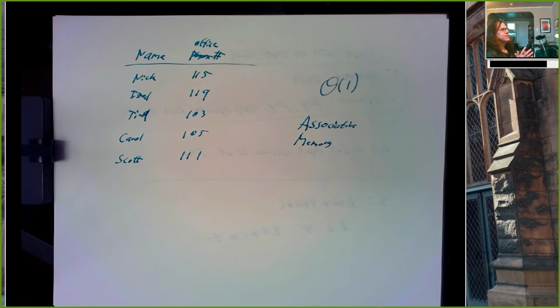So someone suggested have 26 arrays organized by the first letter of the name, and now you have a smaller search problem. And if the names are nicely distributed, we'd only have to check this array of names starting with a T to find Tina.